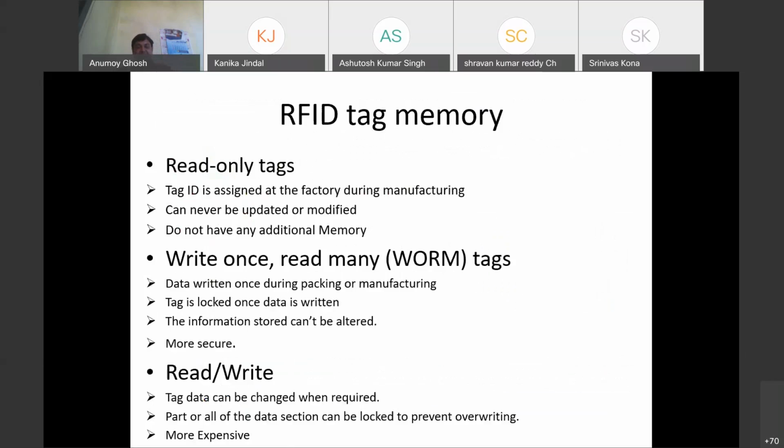Now, RFID tag memory, there are again 3 kinds of memory. One is read-only memory. For example, if you think about the toll tags, the RFID tag is storing the vehicle identification number, the banking details, and the violation handling information.